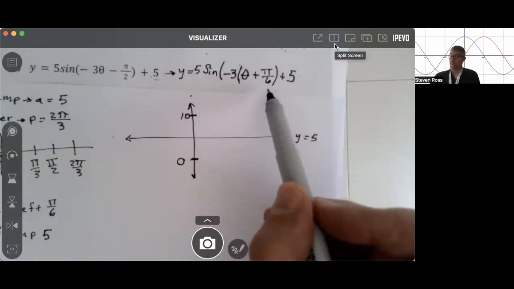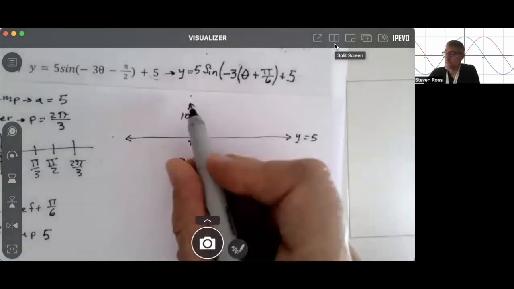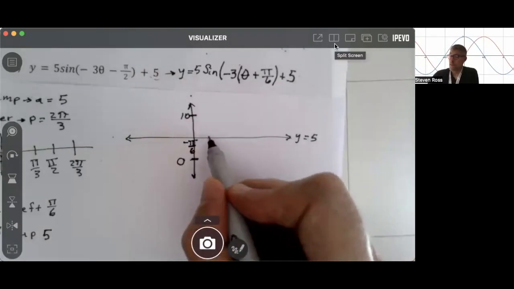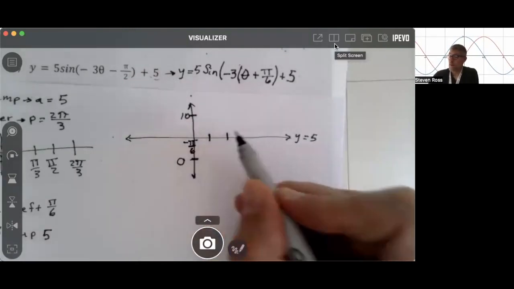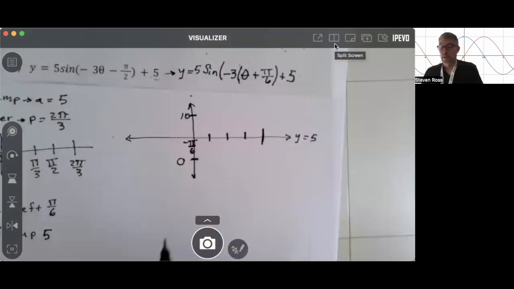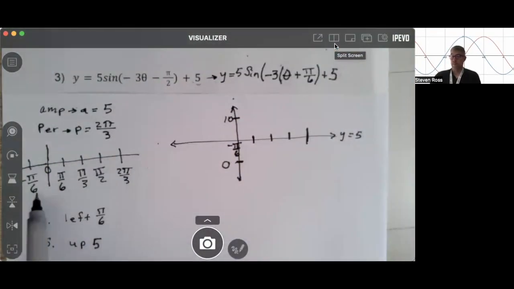Now, how about the pi over 6 to the left? This vertical line then is going to be a negative pi over 6. And I think we already determined before, when we found out the period was 2 pi over 3, and we halved it and then halved it again, that between each hash mark is a pi over 6.